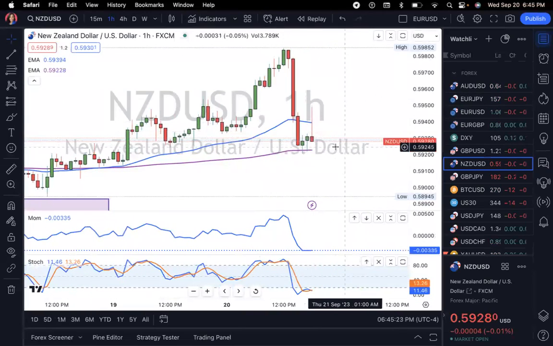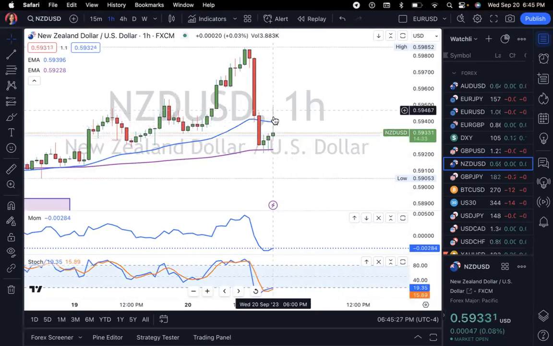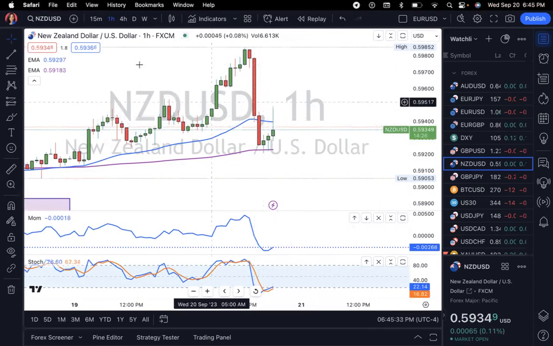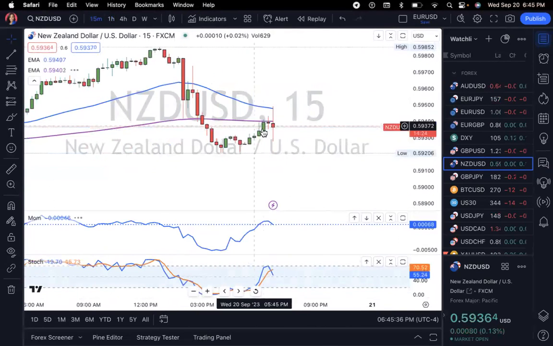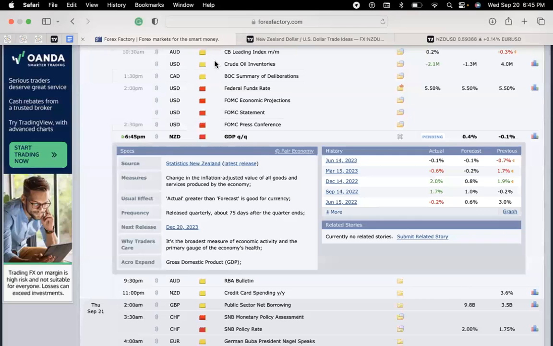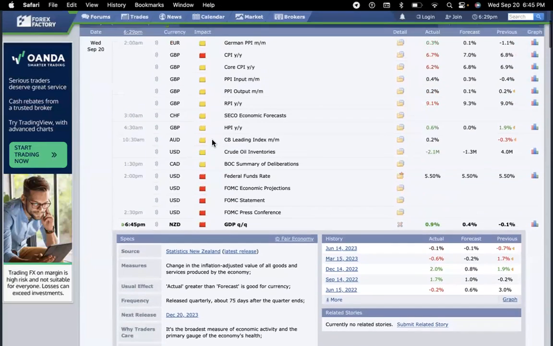So we can see that this news just came out, and we can see that people are already starting to pay attention to what's happening here. We do have a huge wick rejection, but I would give it a few minutes because we don't even know what's going to happen. So if you are trading NZD or any cross pairs, make sure you are being mindful of what's happening.